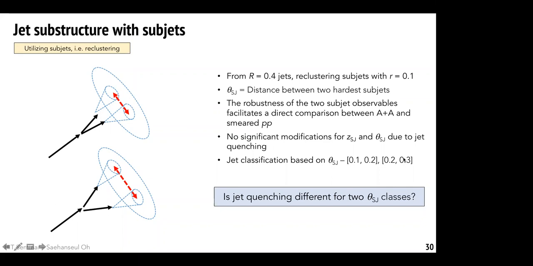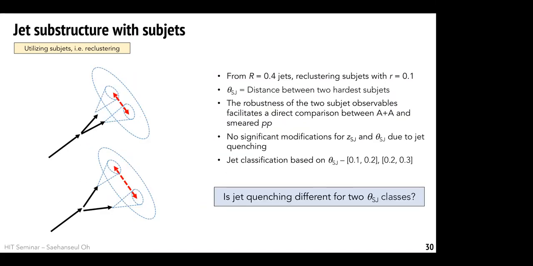So these are probably the wider jets, and these are the narrower jets. So we can classify jets based on the substructure, and we can finally ask, is jet quenching different for the two theta SJ classes? So basically the question is, is jet quenching different for wider jets or narrower jets?